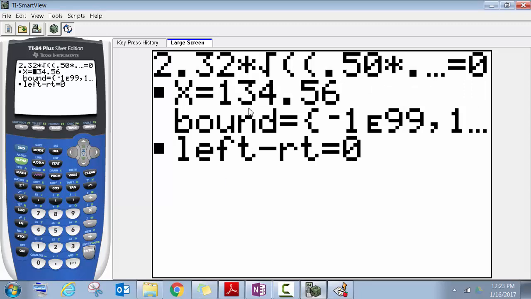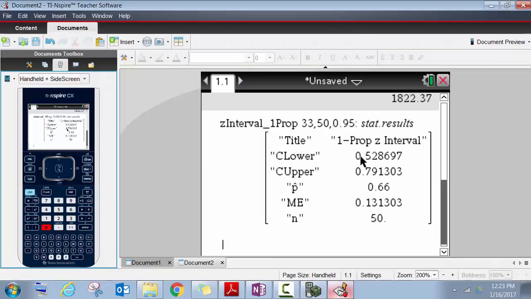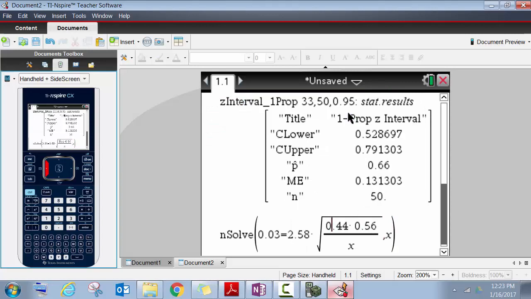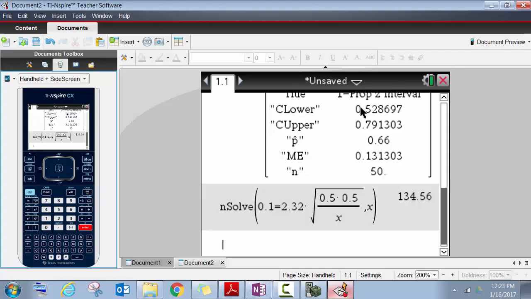We can do the same thing with this. Nice thing about this, just arrow up, copy, again, just change the numbers. And we get the same number.